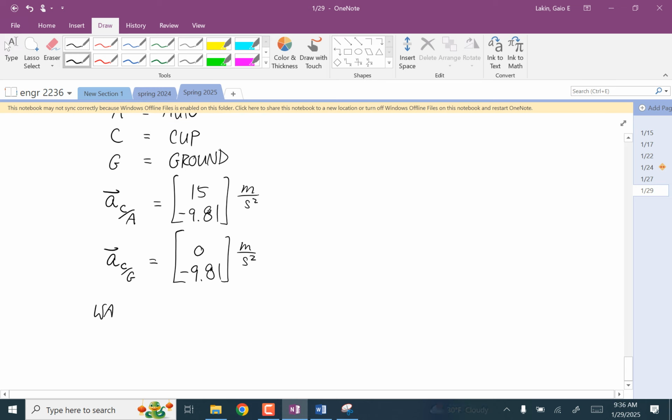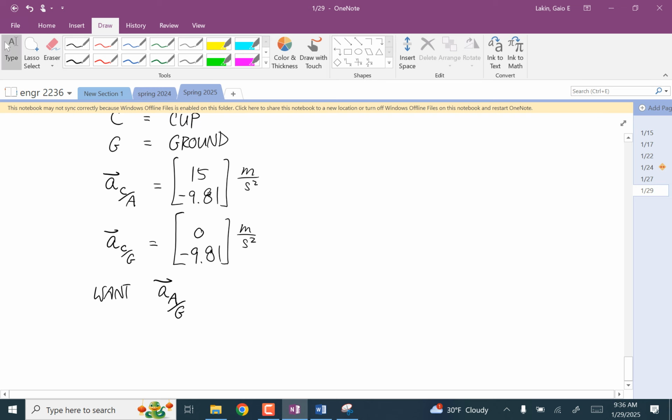And what we want to find, well, what is it that we want to find? We want to find the acceleration of the car, the Otto, relative to the ground.